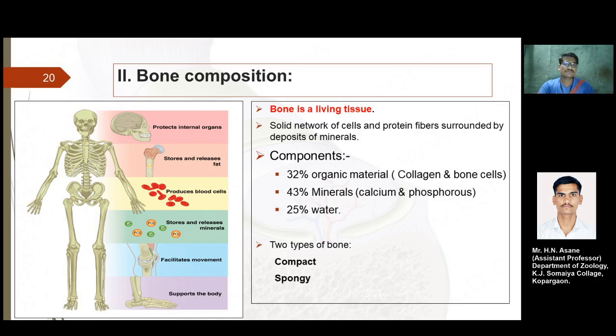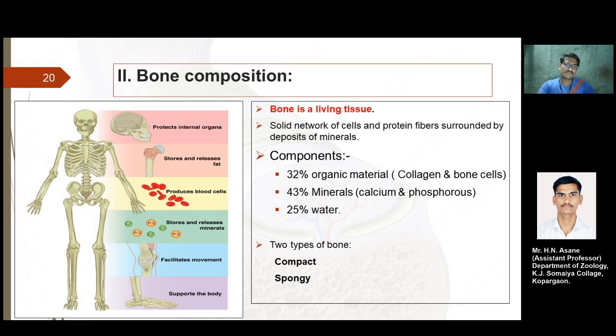Bone also stores and releases fat, as we will see in the next couple of slides, the two types of bone marrow; the yellow fat is stored in the bone.